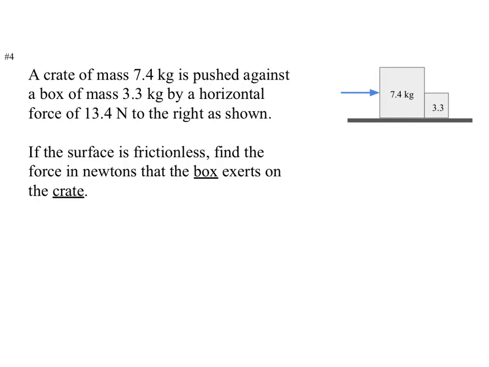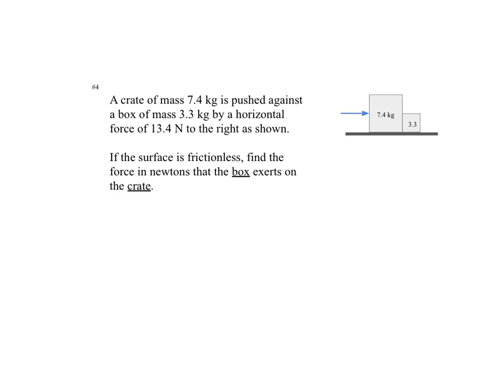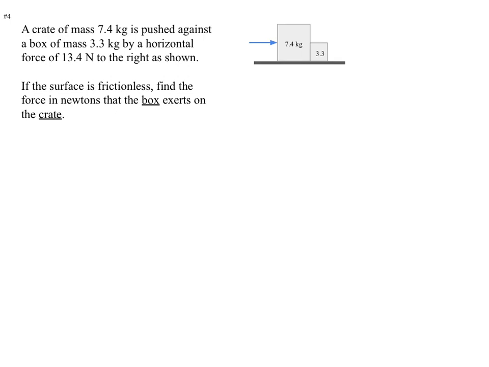Follow-up problem. A crate of mass 7.4 kilograms pushed against a box of mass 3.3 kilograms by a horizontal force of 13.4 newtons to the right is shown. Same setup. But if the surface is frictionless, find the force in newtons that the box exerts on the crate. And again, just to remind you, the setup that I had done before, we had FGC and FNC.